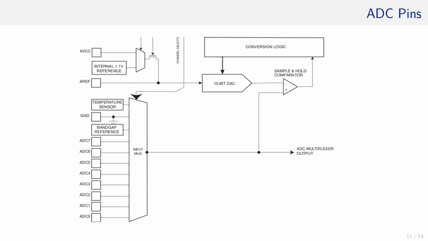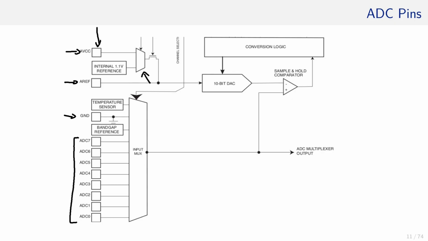But first, let's zoom a bit into this circuit diagram and have a look at the pins represented by those little boxes, as always, on the left. Here we have pins called ADC0 to ADC7, ground, AREF and AVCC.